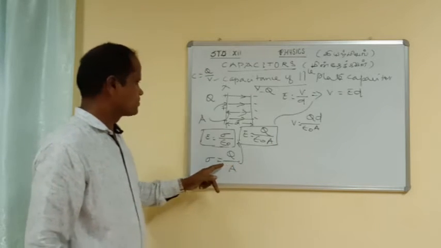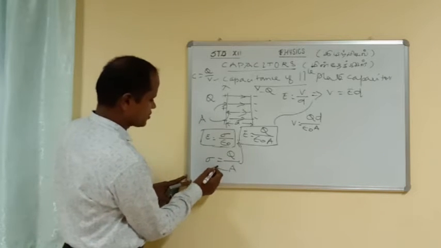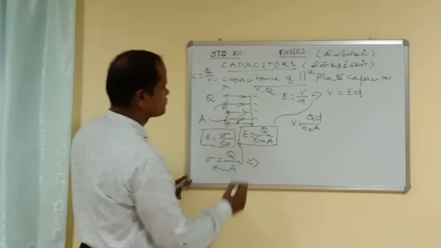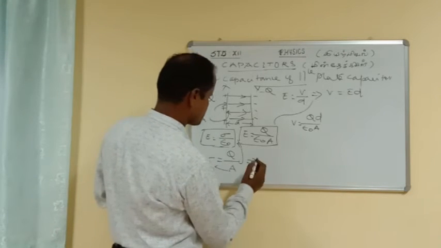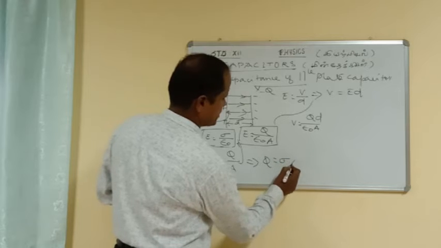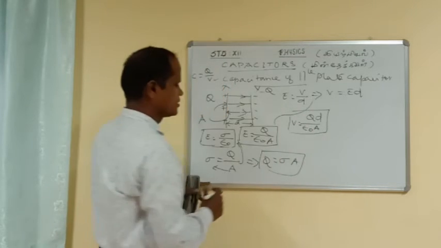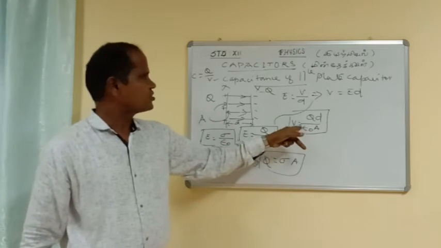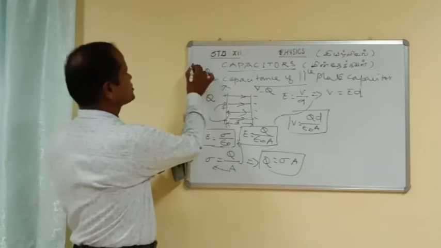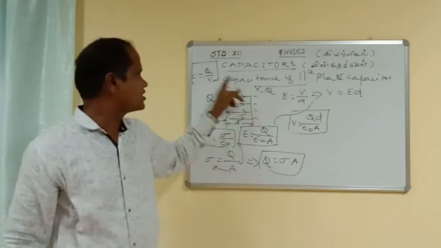But from this one, Q is equal to what? Q is equal to sigma A. So now you know the Q value and the V value. Substitute Q and V values in this equation.